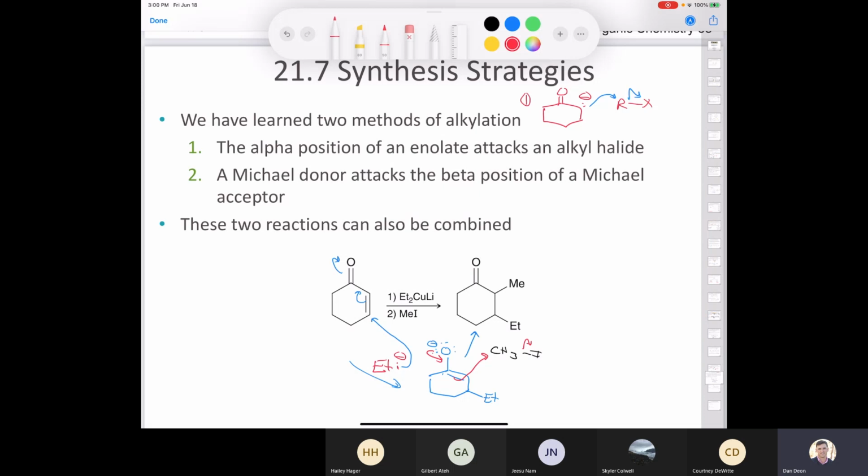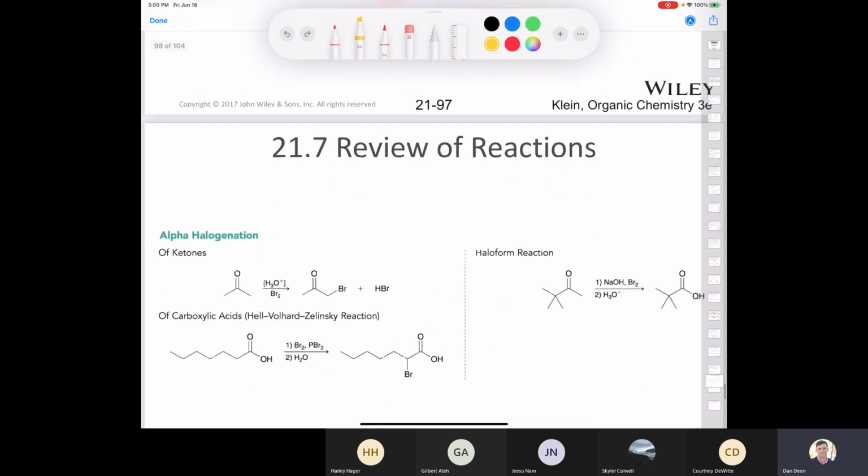So this is kind of new. I'll call it quotations new, because these are two reactions that we looked at before, but I never talked about using this intermediate as a reagent to do an alkylation at the alpha position after the addition of a Gilman reagent, or just a Michael donor.